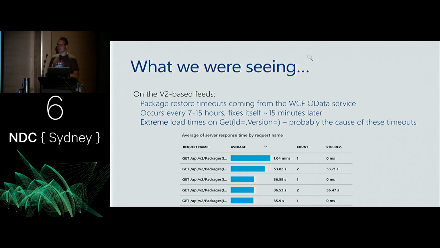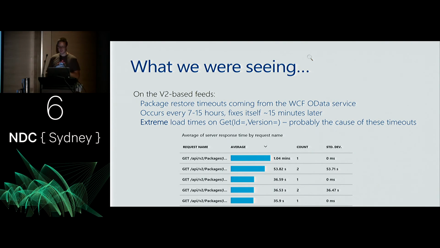On the V2-based feeds, so basically Visual Studio 2013 and the first versions of 2015, they would hit our OData service. That one would hit the get method, where you would get by ID and version to get the metadata to see if you can actually install the package and get the download URL to the package.